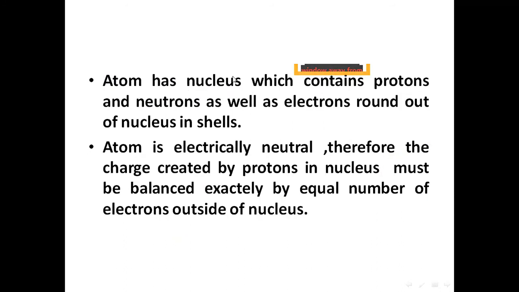The nucleus contains protons and neutrons, and the electrons are around, outside of the nucleus, in the shells. Atoms are electrically neutral.